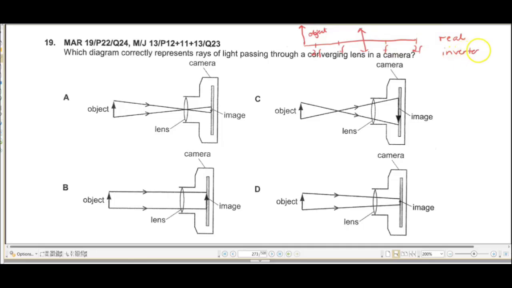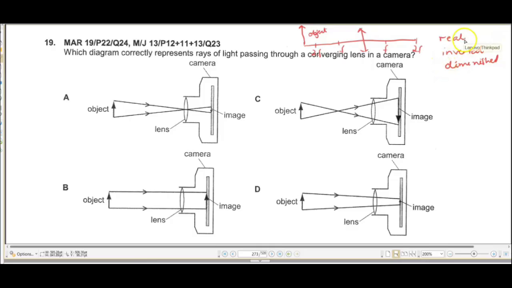inverted, and diminished. We see that we are so large, and when we take a picture of ourselves, the picture that is taken of us is smaller, and the image formed by the camera is always inverted, and then we can flip it.